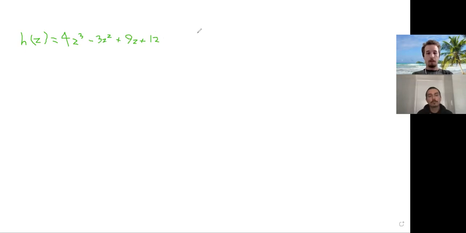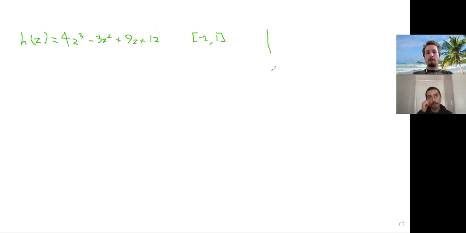Okay, so EVT is a little bit different than MVT. You still have an interval, right? So in this case, the interval is -2 to 1. So from this point, what EVT is asking you to do is find the absolute extrema, which means the min and the max, right?